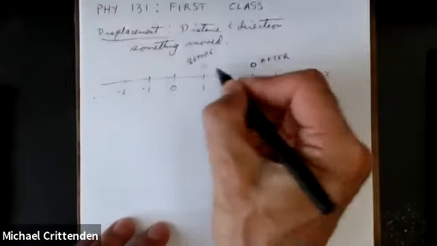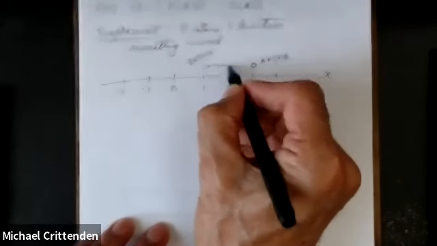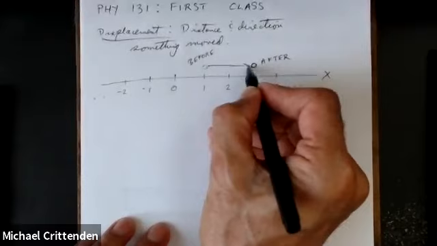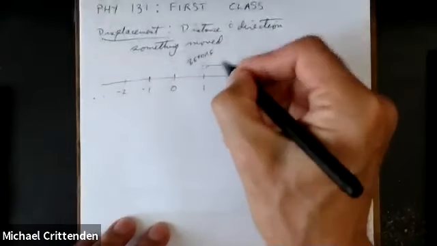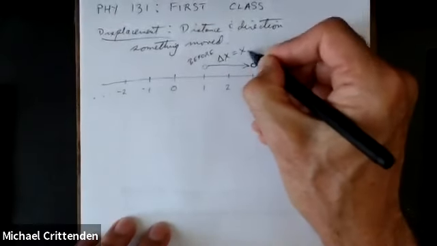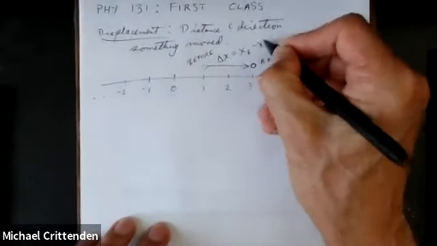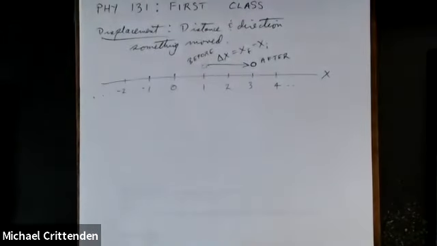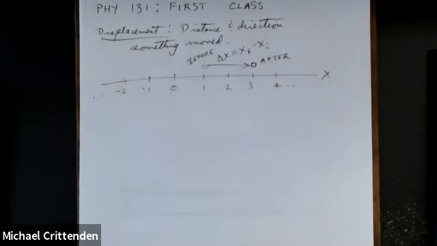The displacement is delta x, meaning x final minus x initial. F for final, I for initial. X means where are you on the x-axis. Delta anything means final minus initial. It's a piece of notation that's going to come up over and over and over again.